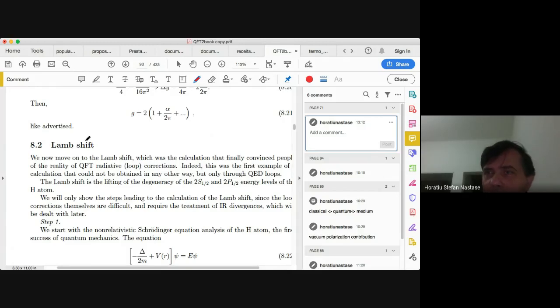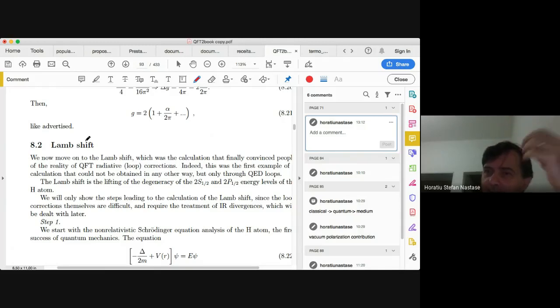I mean, remember that quantum field theory loops generally contain divergences, and moreover, you have to think of these loops as small corrections, even though they're divergent.